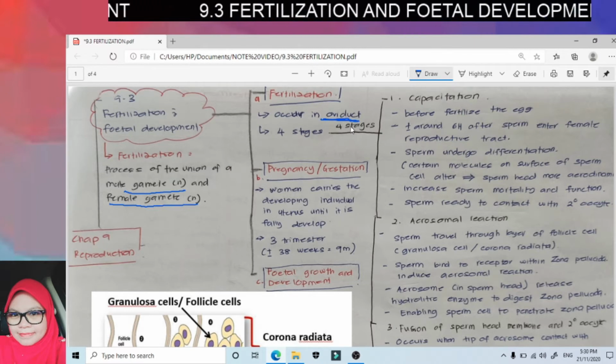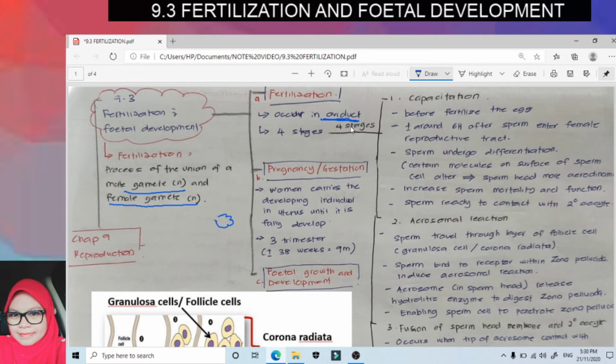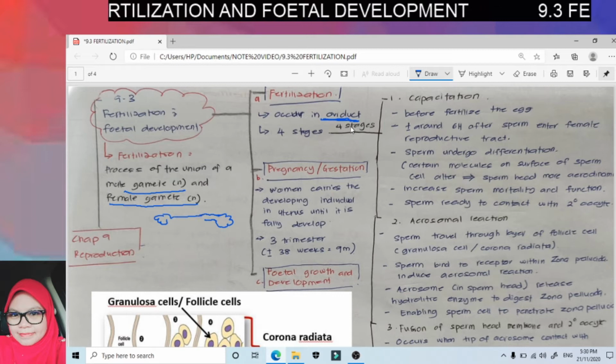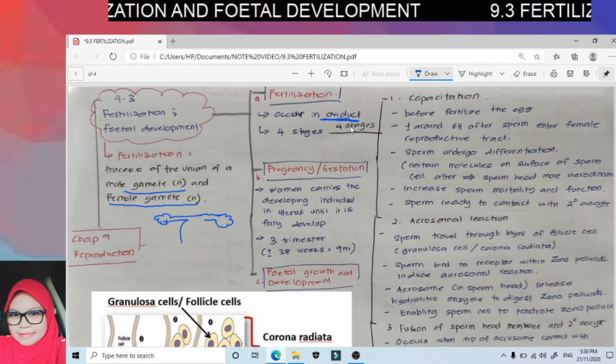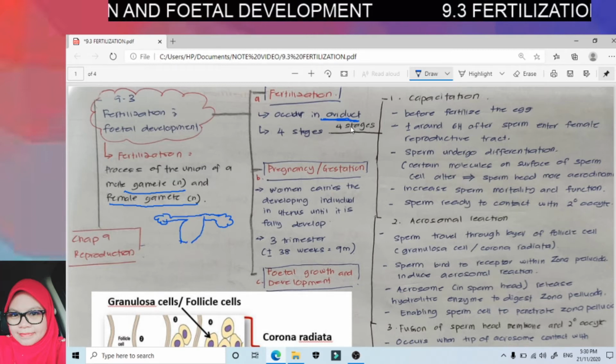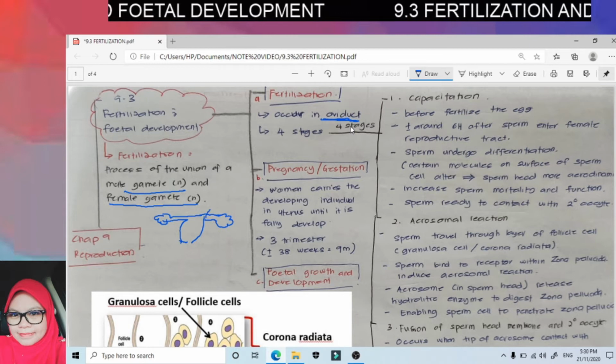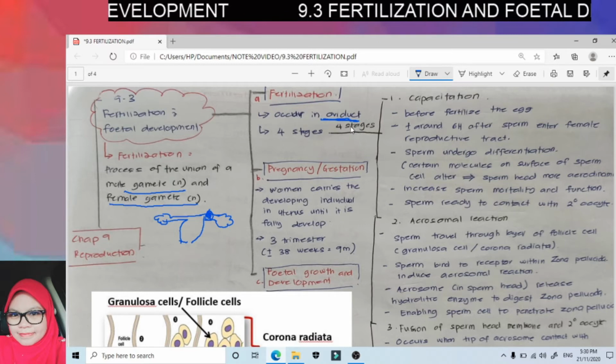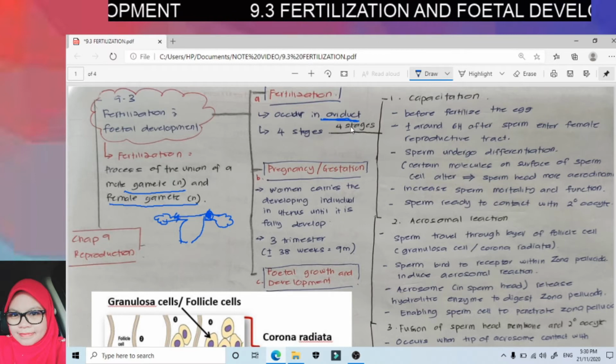So where is the oviduct? Recall back, here is the ovary, then the oviduct. A female has a pair of ovaries, and this is the uterus. Fertilization will take place here at the oviduct, either on the left side or the right side.